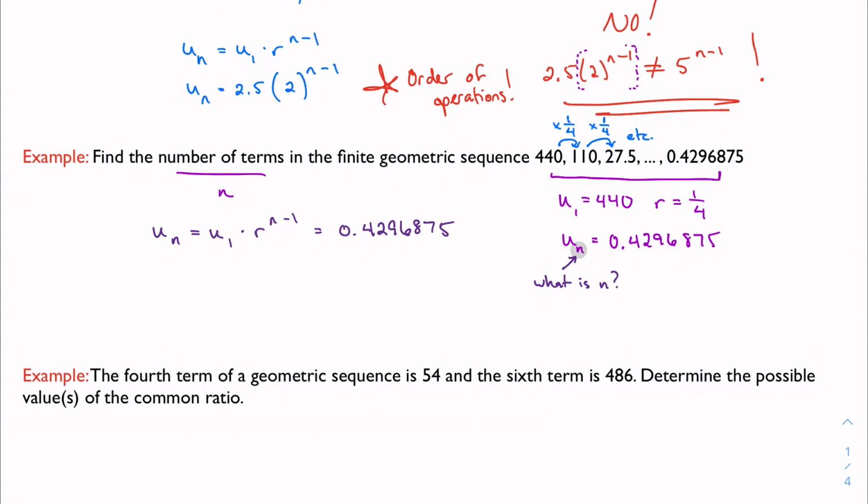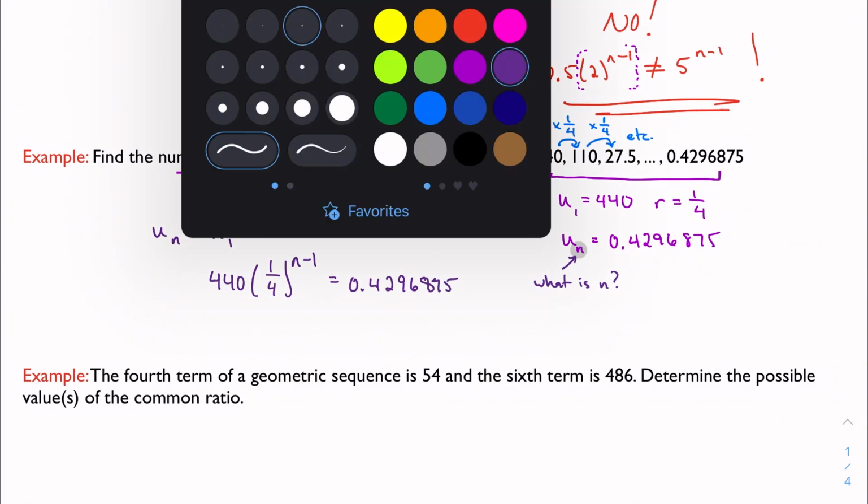And we know that u sub 1 is 440, and we know that r is 1/4.